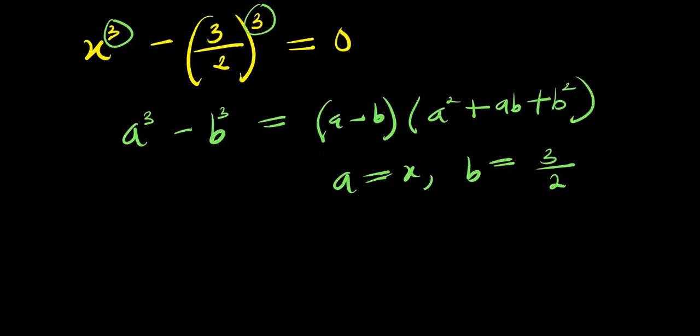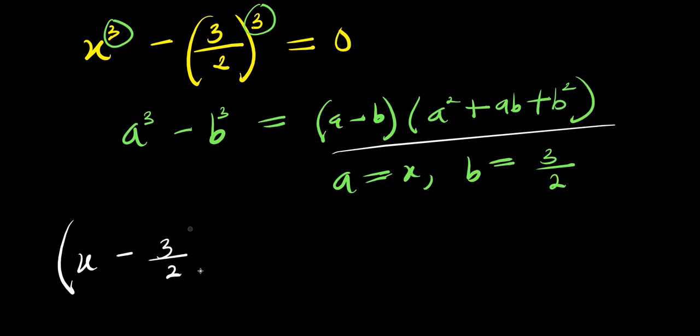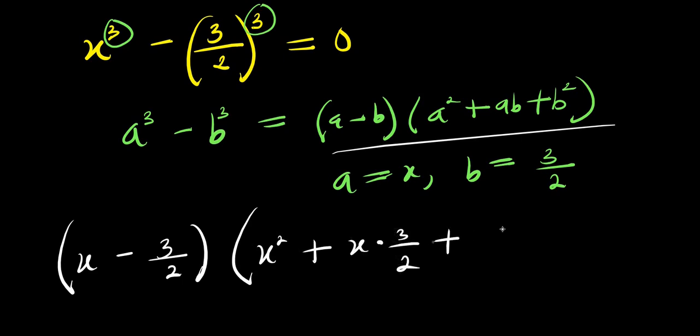So right now, I'm going to make use of this identity. So we have x minus 3 over 2 times x squared plus x times 3 over 2 plus 3 over 2 raised to the power of 2, and this equals 0.